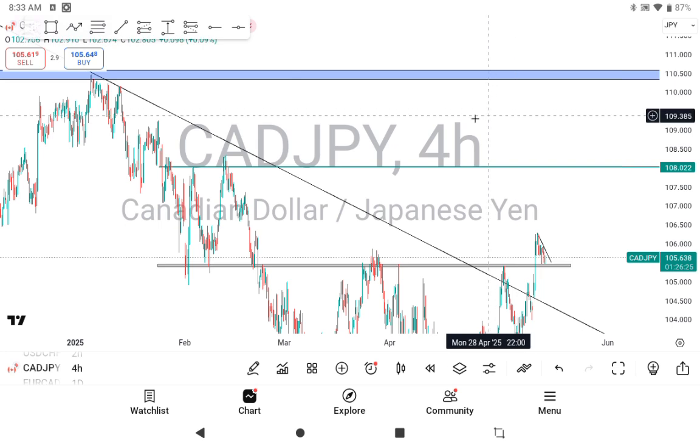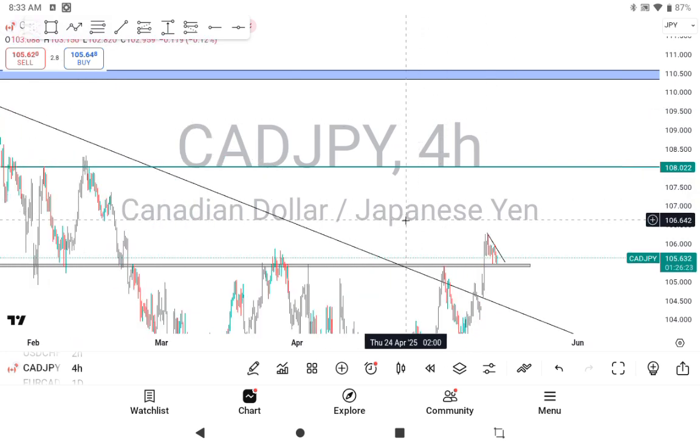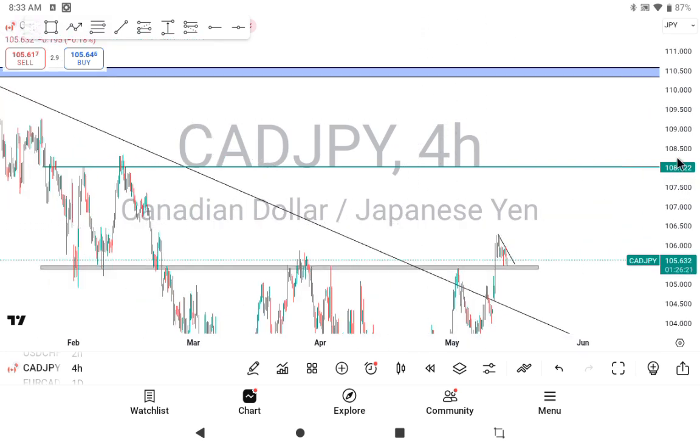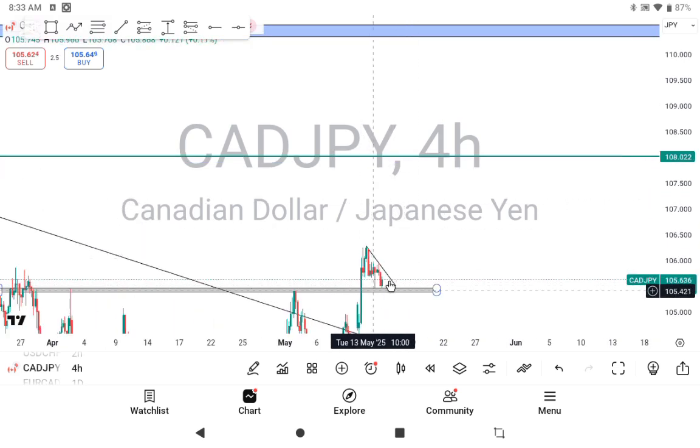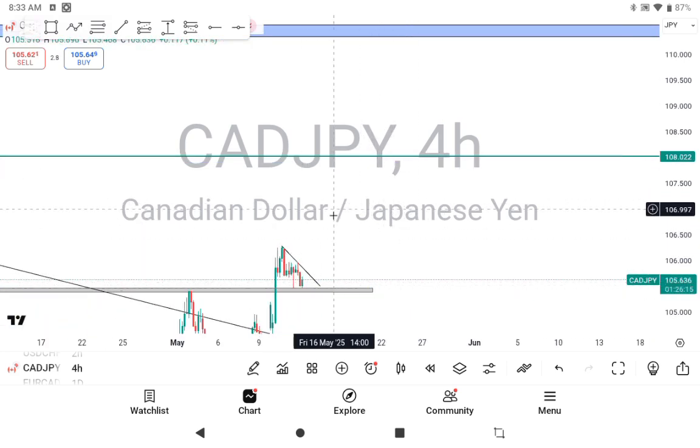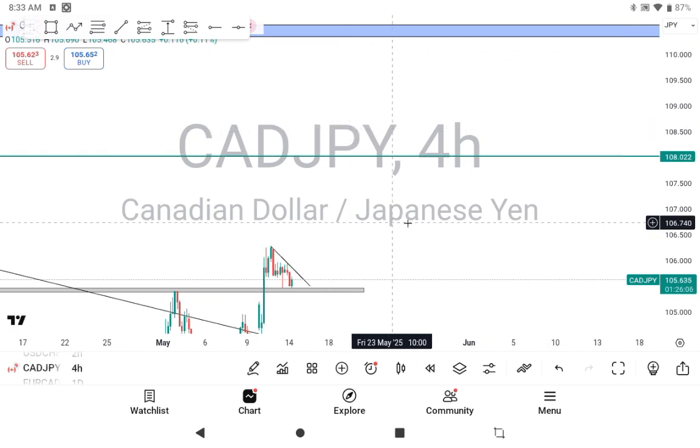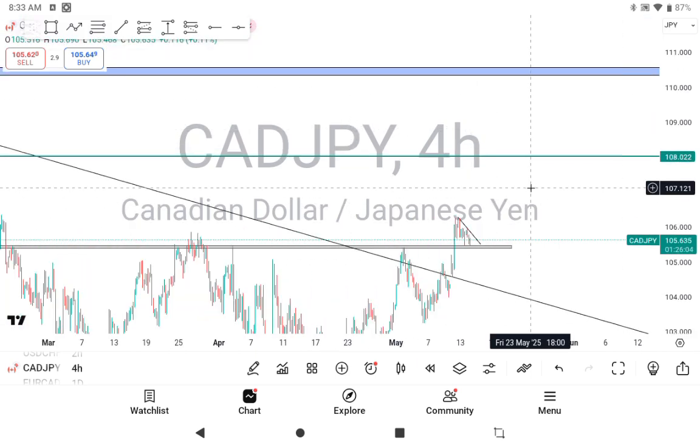So now we have seen the direction that CADJPY price wants to go. Price should bounce off right here. We need to see a bounce off, a bullish engulfing candle. At least from here, it will come here, break this level, and come right here. So that is it on CADJPY.